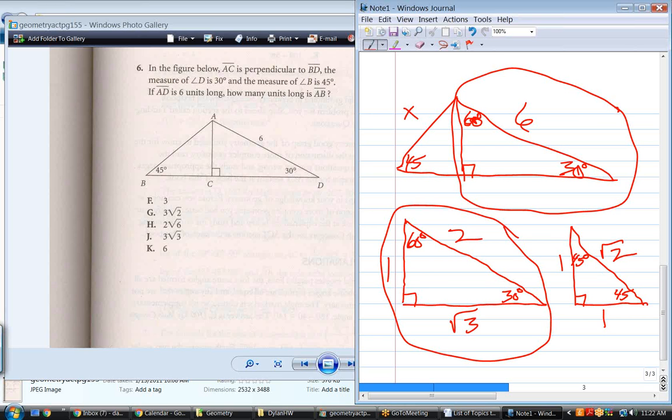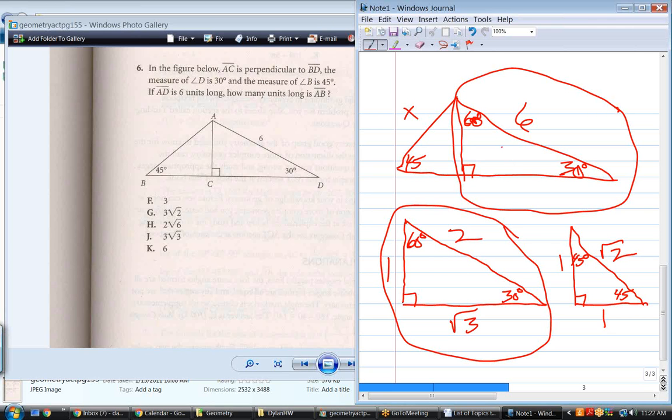I cannot say that this triangle is 3 times bigger than this triangle, because in reality it's 9 times bigger when I'm comparing their areas. This triangle is going to have 9 times as much area in it as this one. But it's a linear ratio.